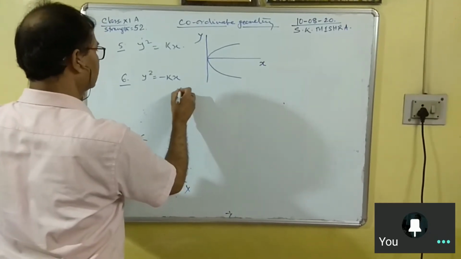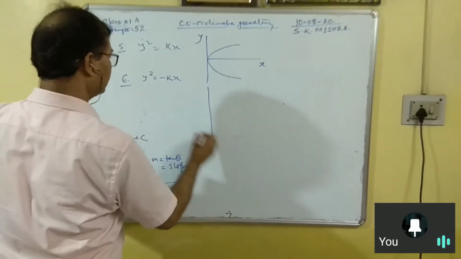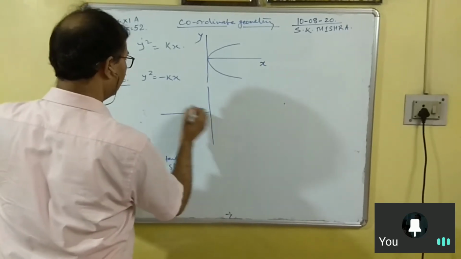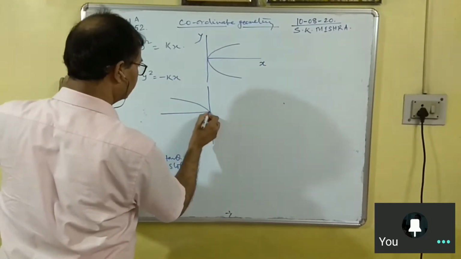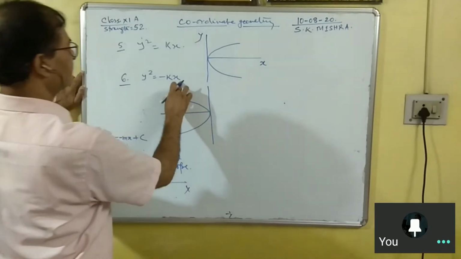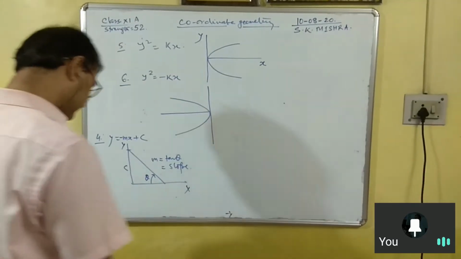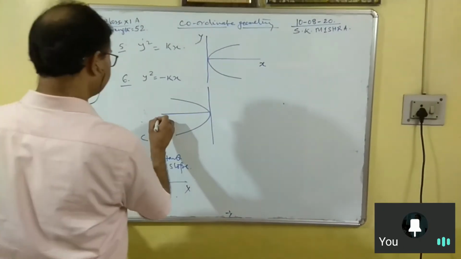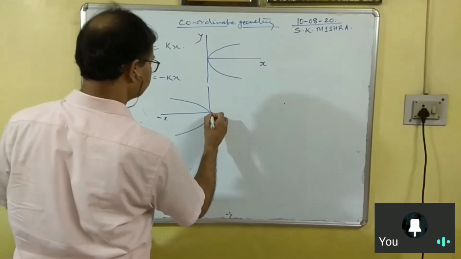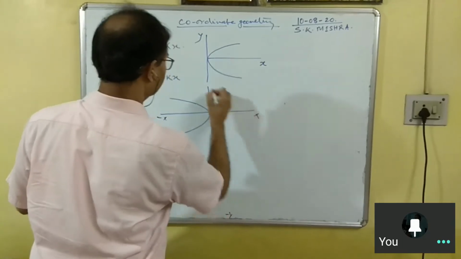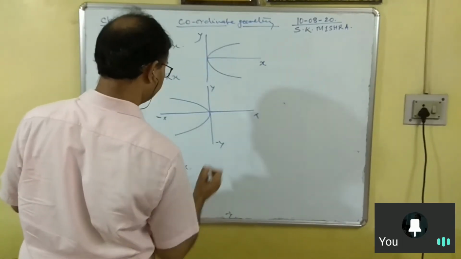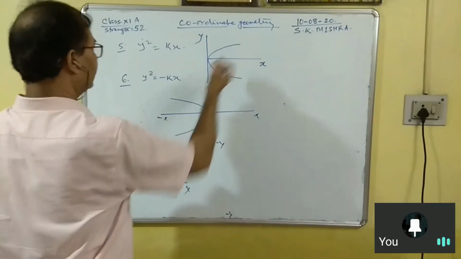Now the graph will be along this side because x is negative. So this is minus x, this is plus x. This is y, this is minus y. Same is the case here.